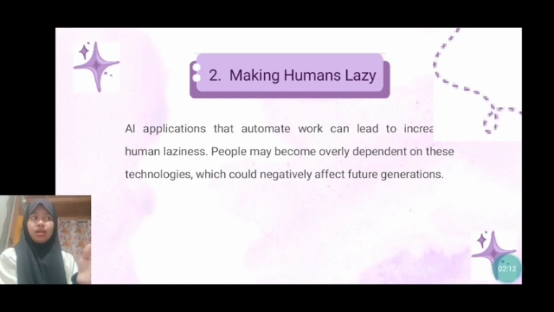But when we humans depend too much on these technologies, it can backfire and make us lazy. Try to imagine the future generations. With all this innovation of technologies, they are possibly the most affected by this. We hope that it's not.